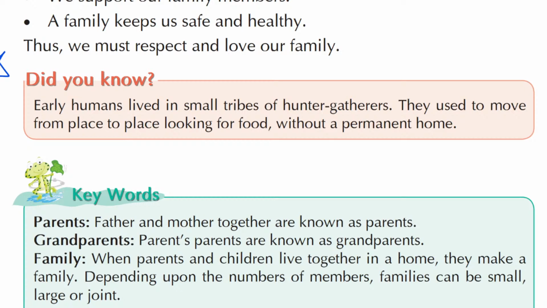They didn't have a permanent home because they had to move from one place to another for food, shelter, and water. So this information is important. You can draw a star here.